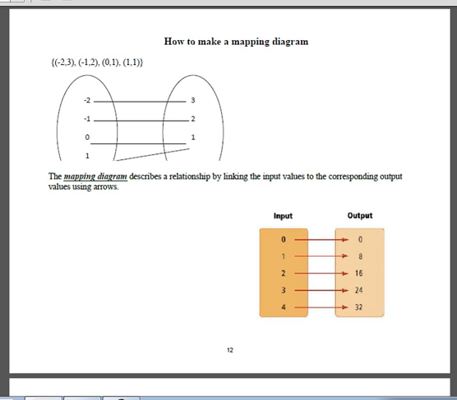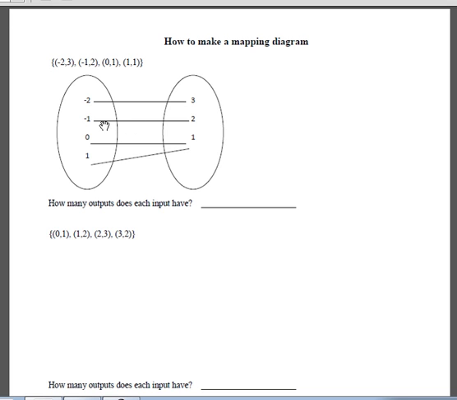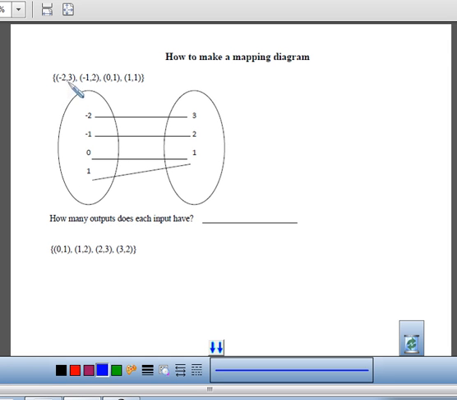Let's go ahead and take a look at the next page. Page 13. So, this is how you make a mapping diagram. If I give you a set of ordered pairs, or points, what you do is you list all the x values, or all the input values, and put something around them, so that you can keep them separated from the y values, or the output values.